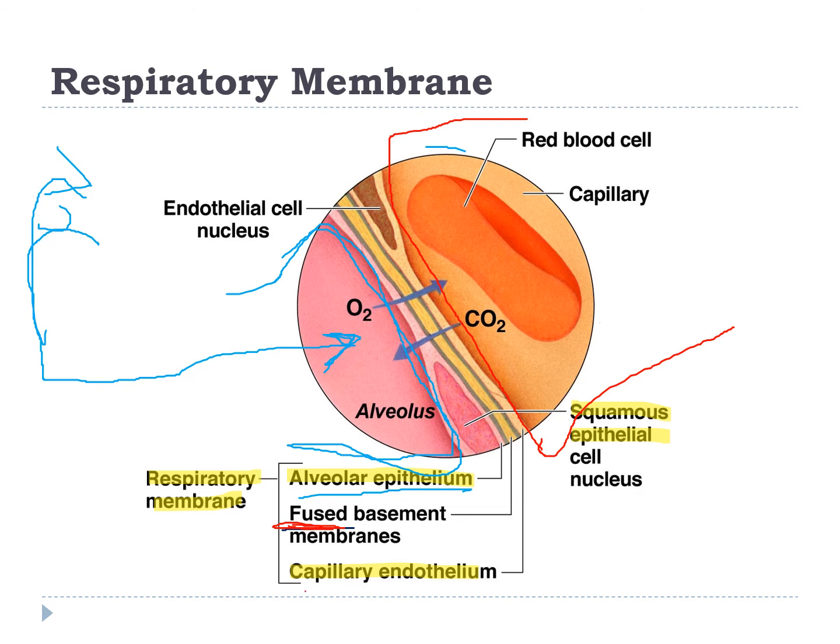So the capillary endothelium, or membrane of the capillary, and the alveolar epithelium fuse to make up the respiratory membrane. So from here to here, this thickness, that's the respiratory membrane.